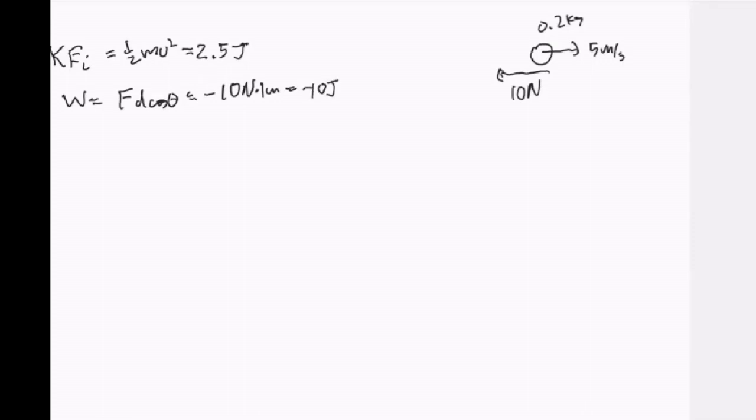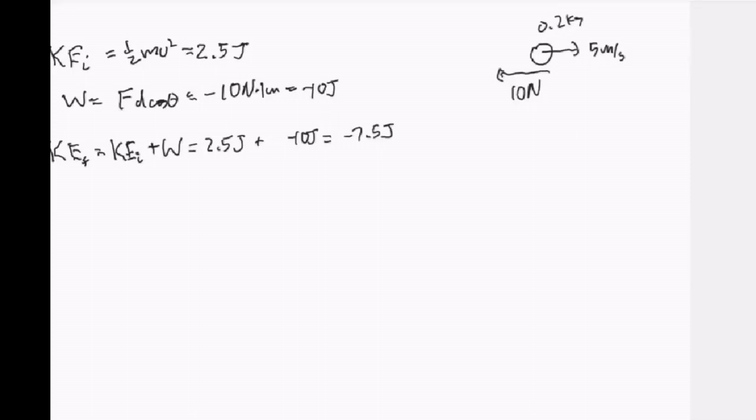All right. And the third step we did last time is the final kinetic energy. We have the initial kinetic energy plus the work. What does this give us? 2.5 joules plus our -10 joules of work is -7.5 joules.